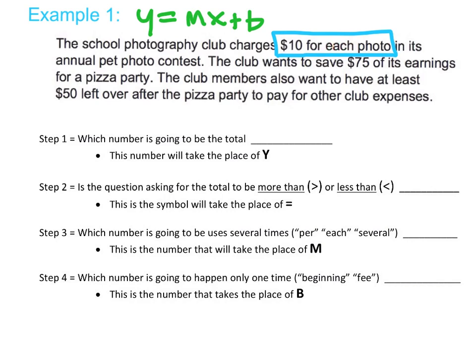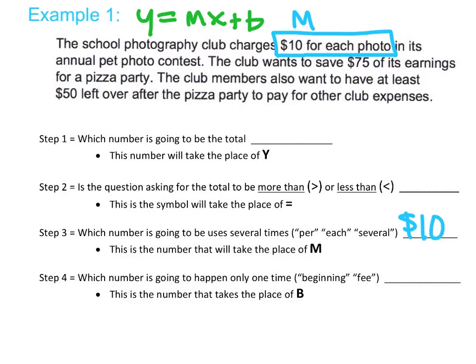So that's going to represent m for us, the number that's being multiplied. We said down lower in step 3, the clue words that we're looking for are sometimes per, each, and several. So now that I know that $10 is for each photo, I can take the number 10 and write it on this blank because it's going to represent my m.